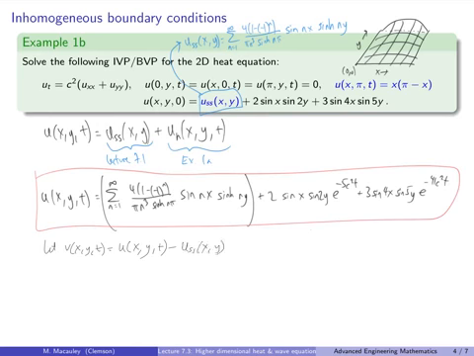If I do that, and then I write this equation in terms of v, so clearly v_t equals c squared Laplacian of v, so this up here is c squared Laplacian of u.